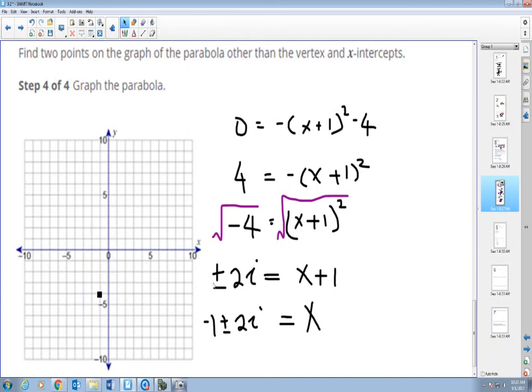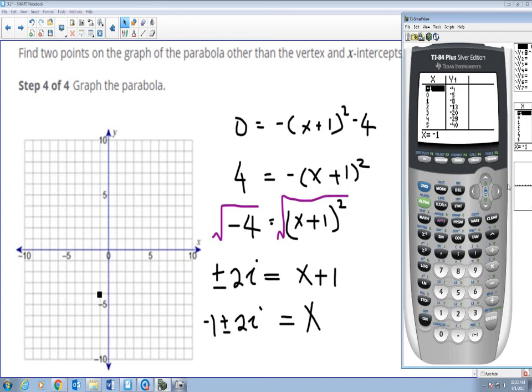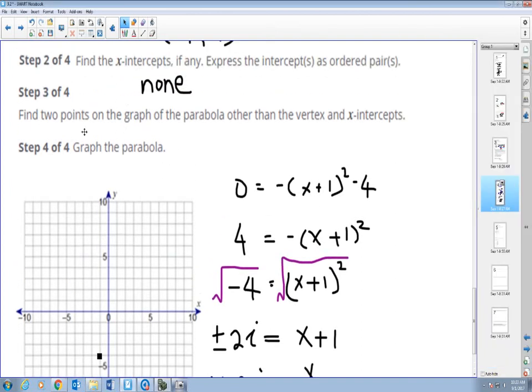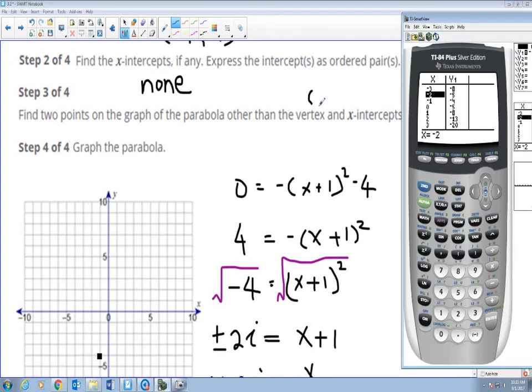If I go one place to the right, one place to the left of my axis of symmetry, or away from my vertex, see right here, one place to the right, one place to the left for x value, the y values are exactly the same. So you could type in -2, -5, 0, -5, and that will actually draw the parabola for you. And you can use any points. You don't have to use the ones I wrote.